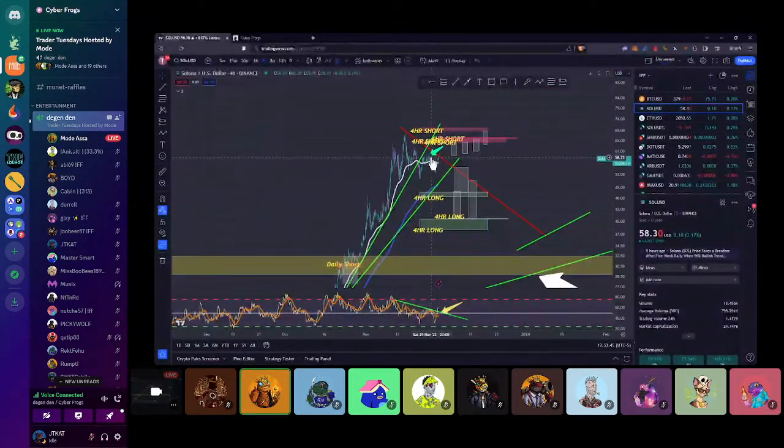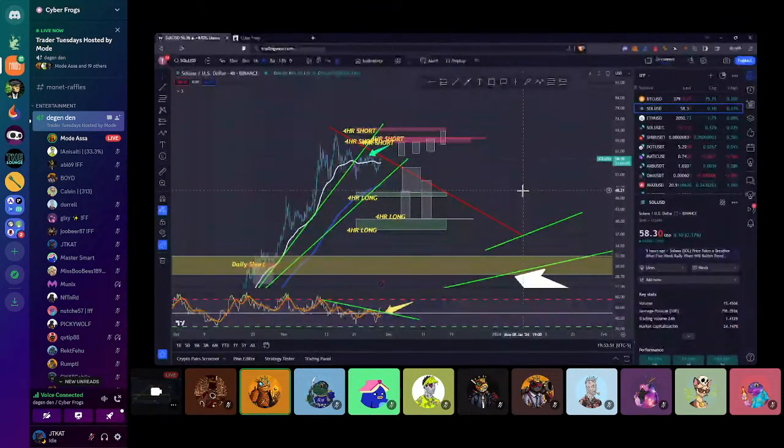You have the break and retest. This could be a good one down. We don't know yet. That's why you manage your risk accordingly, because you're not going to be right every time. So you take tiny losses, and then when you are right, you take profits and scale out, and the trend is your friend until the end.